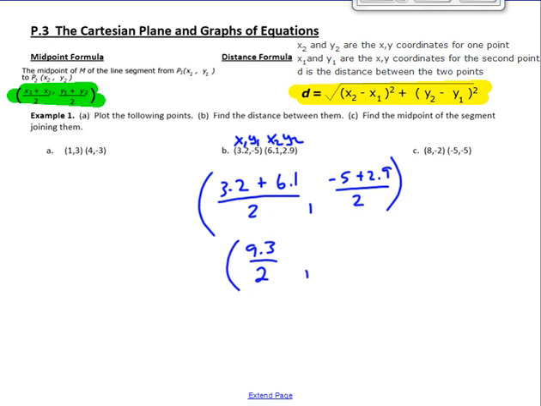And -5 plus 2.9 is -2.1 divided by 2. When I look at those two, I was about right. 9.3 divided by 2, so 9 divided by 2 is 4.5, so pretty close on that one. And then -2.1 divided by 2 is about a -1.